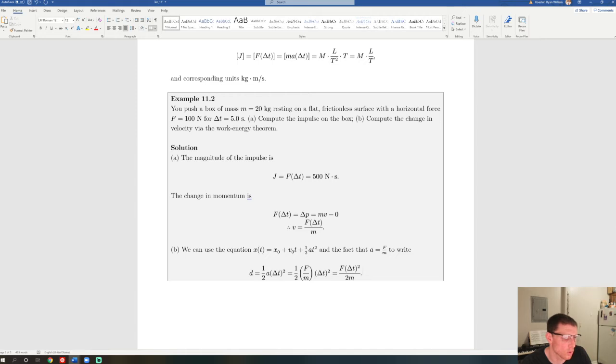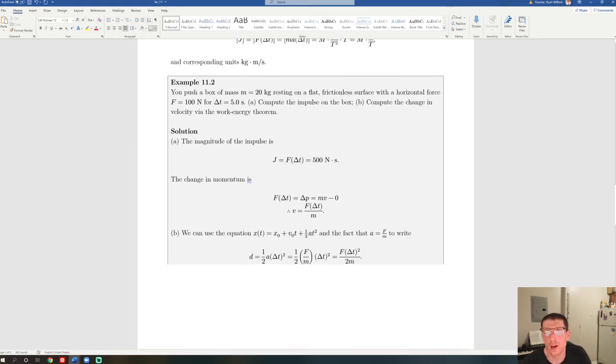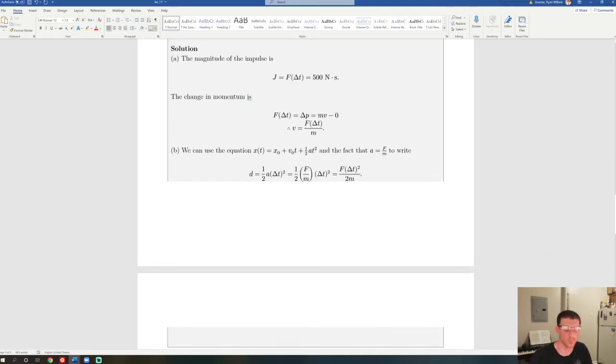Now we want to calculate the work that you do on the box, right? So the work that you do on the box, which is also, in this case, the net work on the box, because there's no friction, just to stimulate your thinking about work, because that's still a topic that you have yet to be tested on.